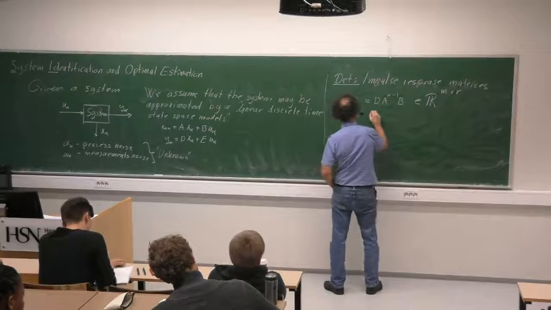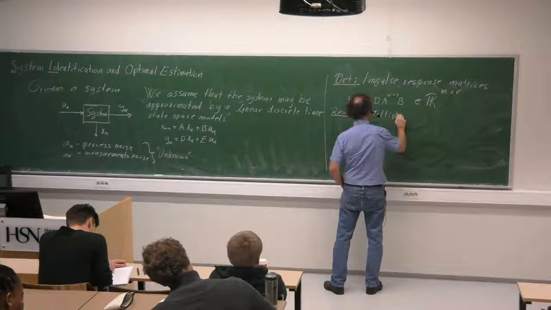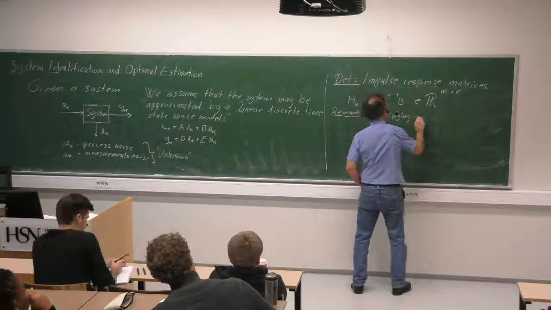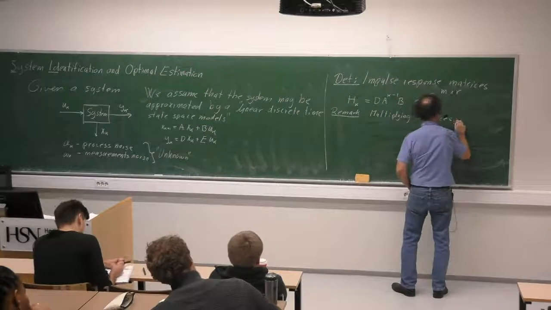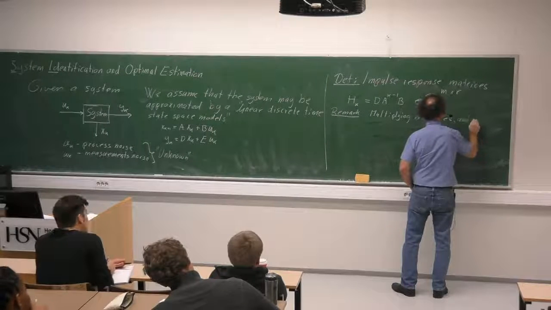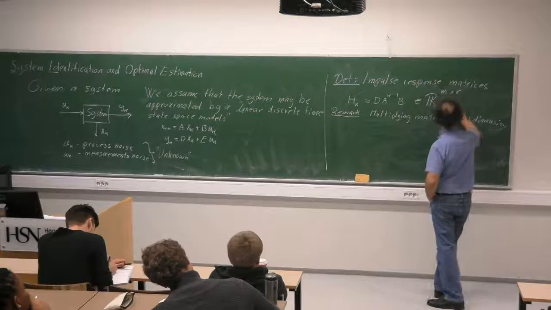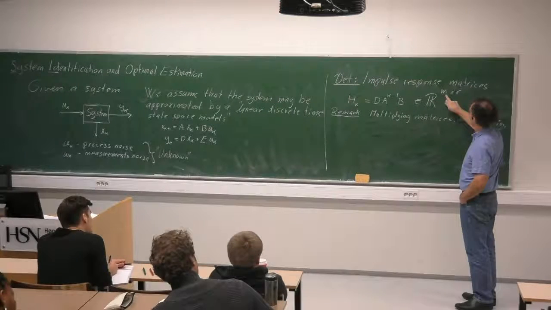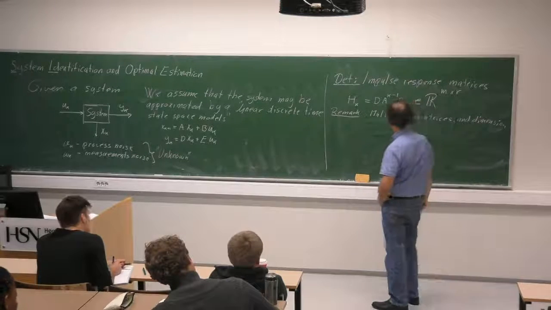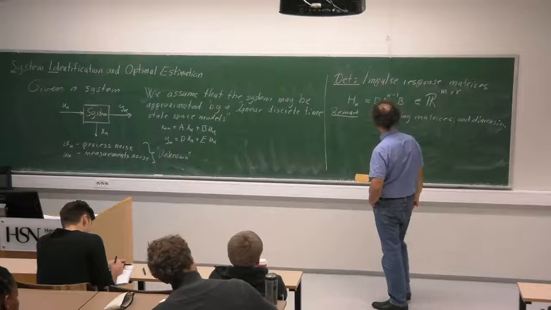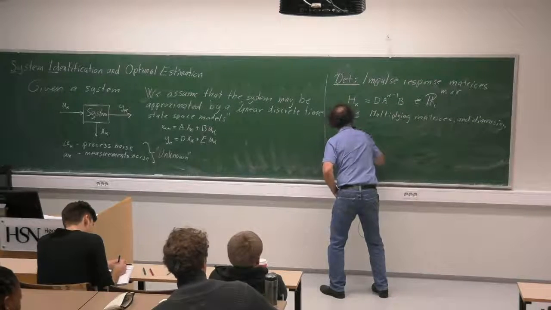When multiplying matrices and dimensions, you don't have to remember that this one is m by r. If you don't remember, you can do a dimension analysis. Do you see this matrix D? It is a matrix like this.